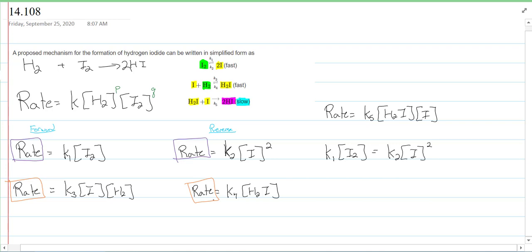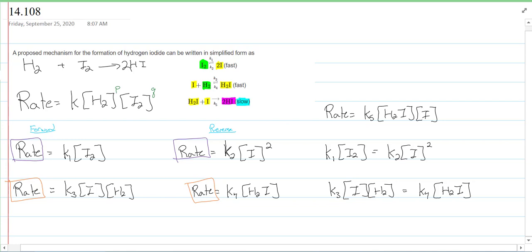And orange equals orange: K3 times concentration of I and H2 equals K4 times the concentration of H2I.